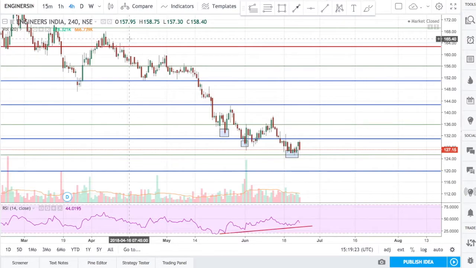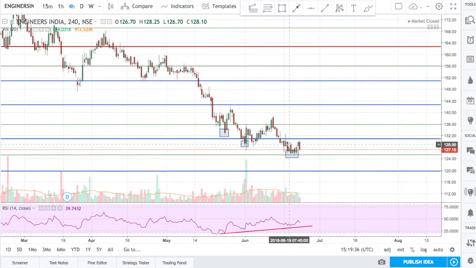Next is to know when and where to place our trades. Technically, a convincing higher high closing from the last low point is enough for us to place our trades.